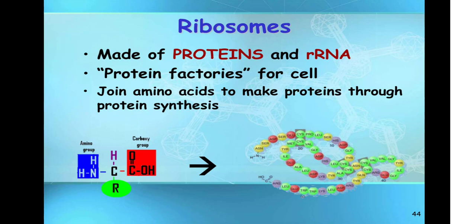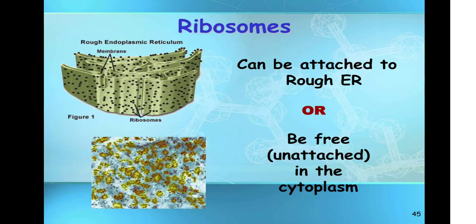Ribosomes can be attached to the rough endoplasmic reticulum, or free and unattached in the cytoplasm. So ribosomes can be of two types. One attached to the endoplasmic reticulum, called rough endoplasmic reticulum. Another which is free inside the cell.